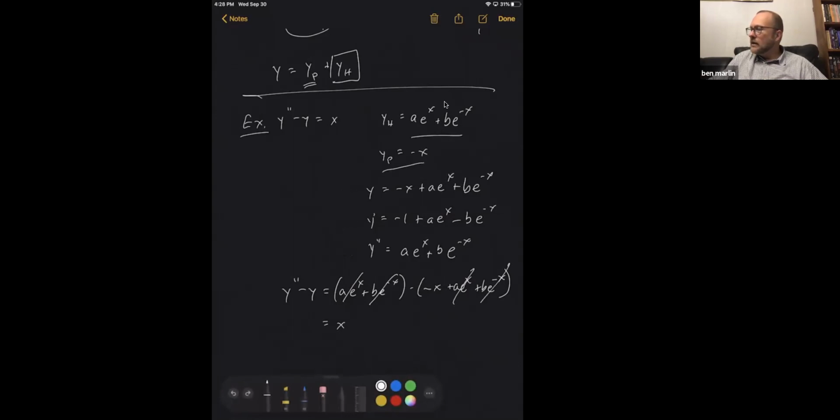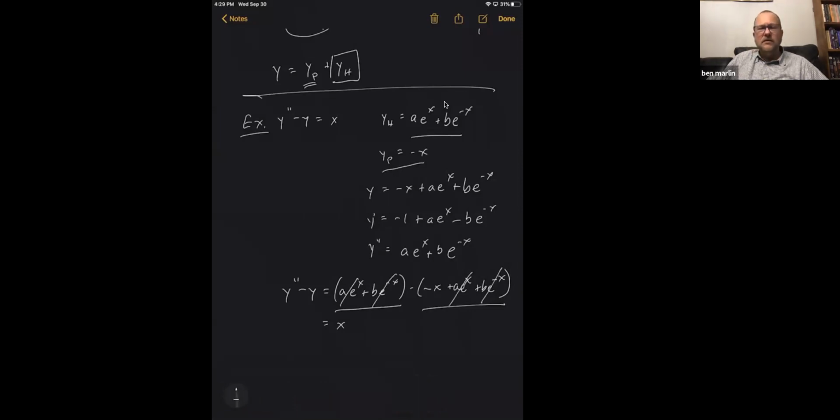And once we calculate the second derivative, then we can plug in for that left-hand side. That's what I mean by hitting it with the differential operator. And that is going to give you your y double prime here and your y here. And so with regard to those, if you notice, we have an a e to the x in the first part minus an a e to the x in the second part, and a b e to the minus x and minus a b e to the minus x.